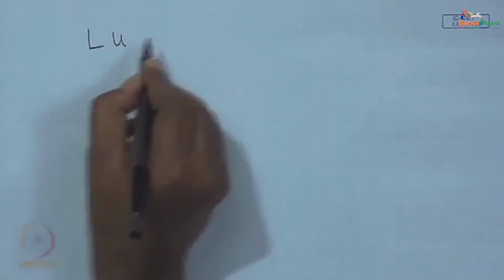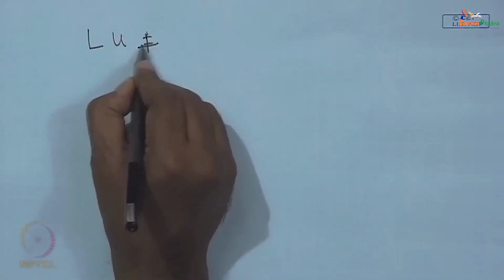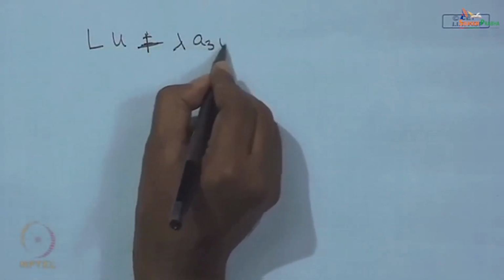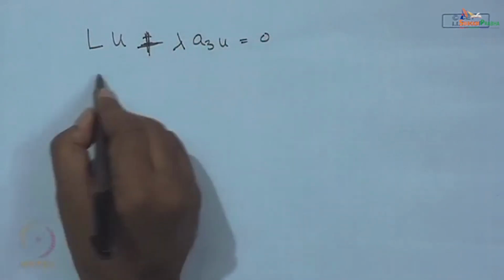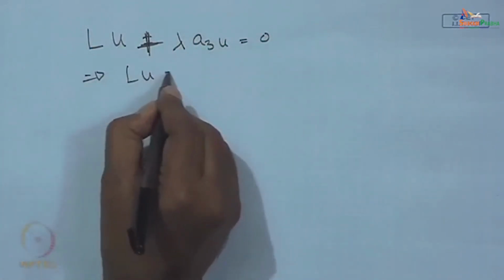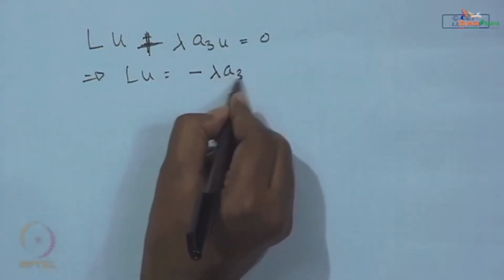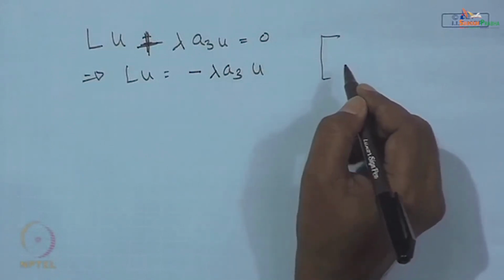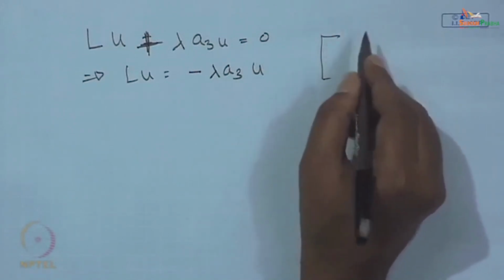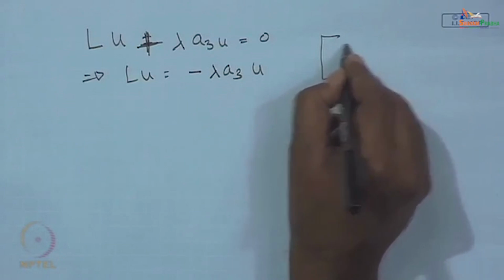Now, the form of the equation is L u plus lambda a 3 u is equal to 0. So, you will be getting L u is equal to minus lambda a 3 u, and let us look into the similarity with the eigenvalue problem in discrete domain.